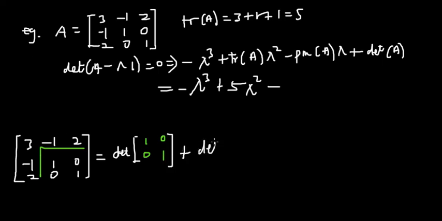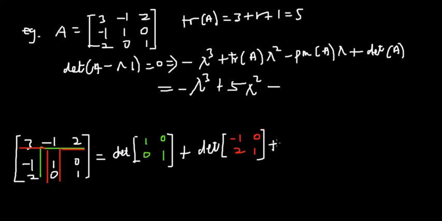Okay, and then we move on to -1. For -1, anything below and beside -1 doesn't count. So we have -1, 0, 2, and then 1.